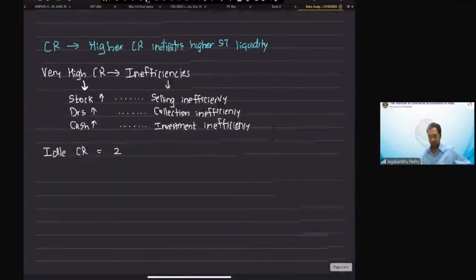Now, let's go ahead with the next discussion. Suppose a company maintains a current ratio of 2:1.